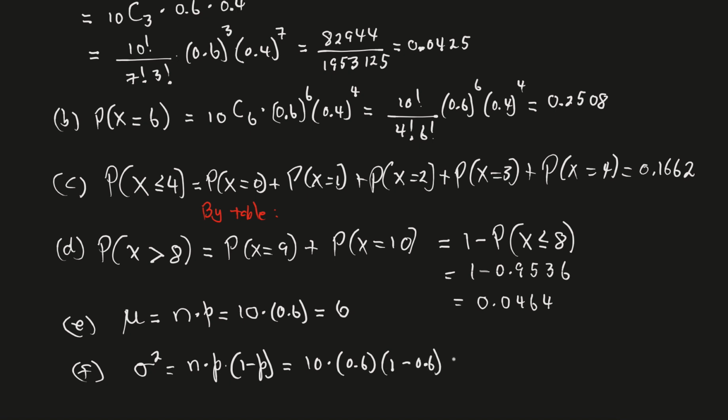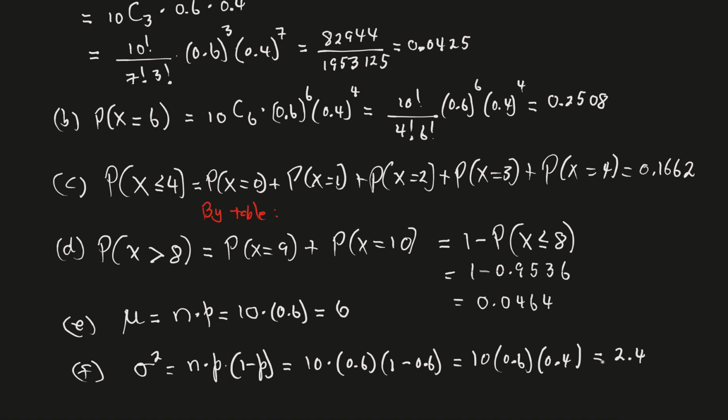Let me show the steps there. So this is 10 times 0.6 times 0.4, and that's going to give us 2.4? Yep, that should be 2.4. All right, so that's our variance.